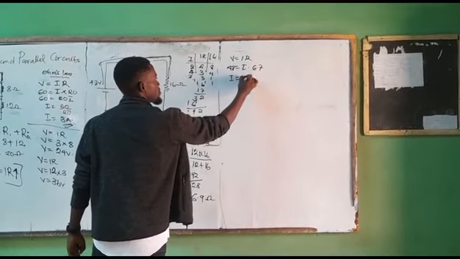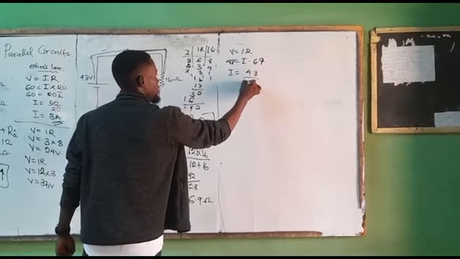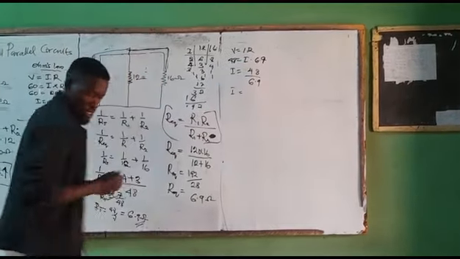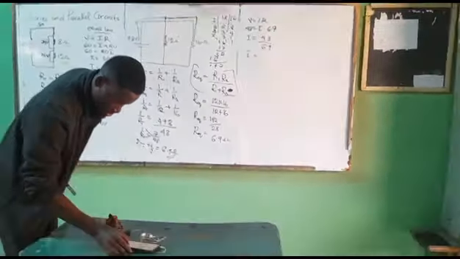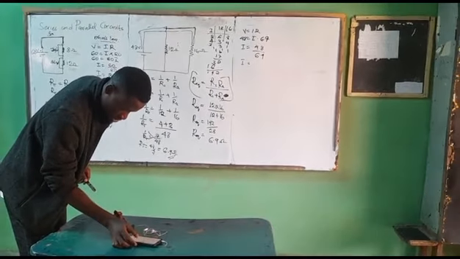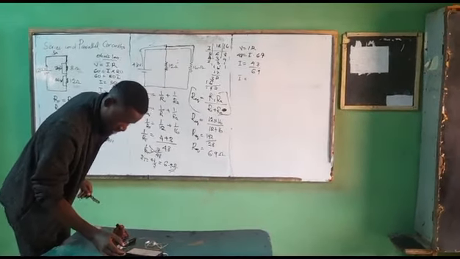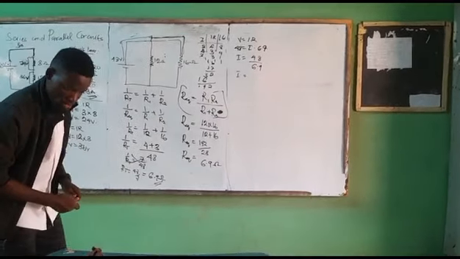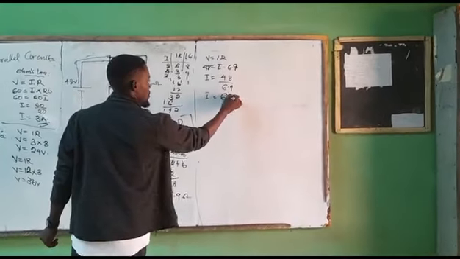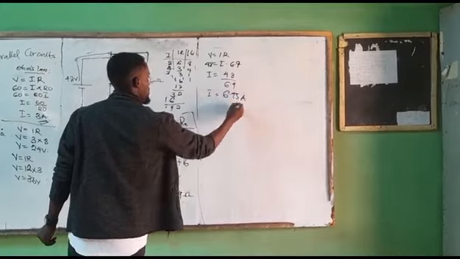So my current equals 48 divided by 6.9. So let's see what we have. 48 divided by 6.9 is giving us 6.95 amperes.